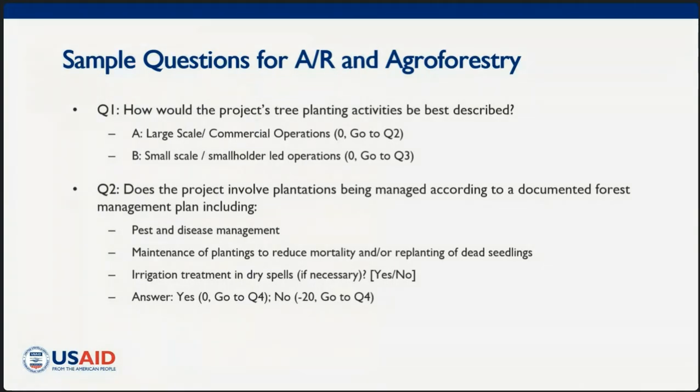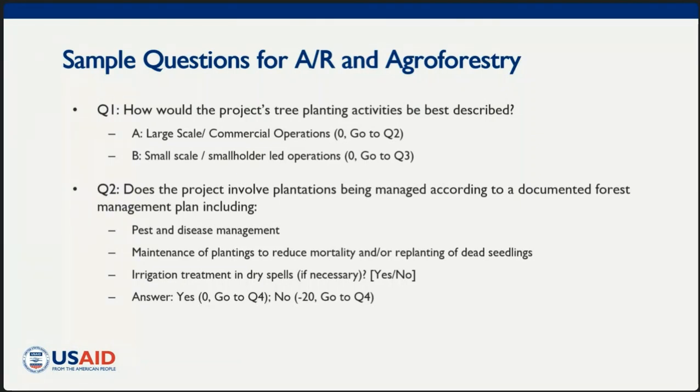It could be a small scale or a large scale type of commercial activity. For example, if you're dealing with oil palm, cocoa, rubber, those are what you call commercial activities or large scale activities.